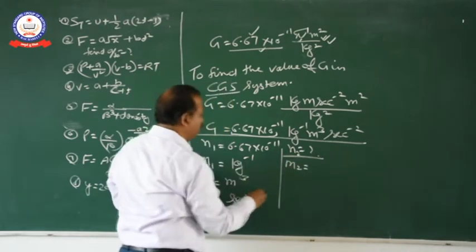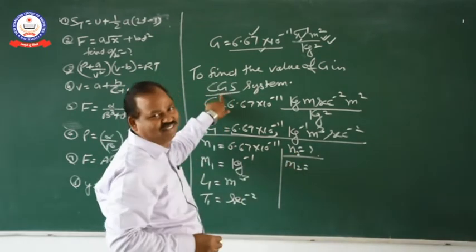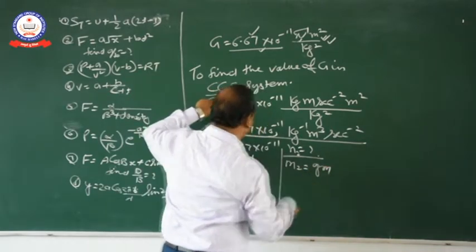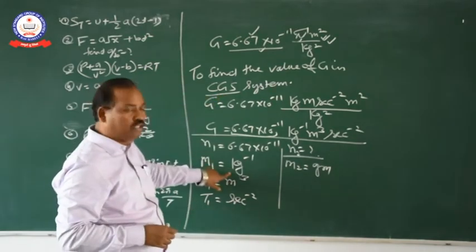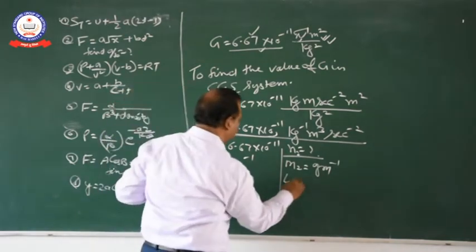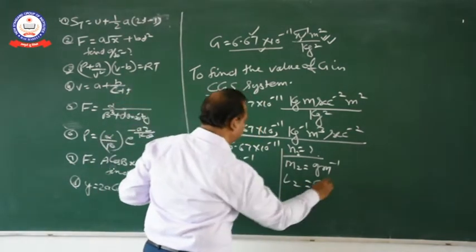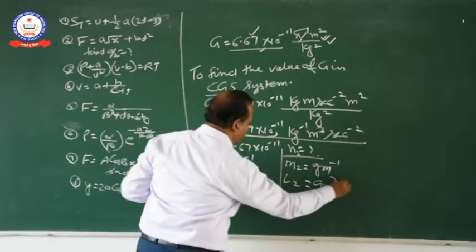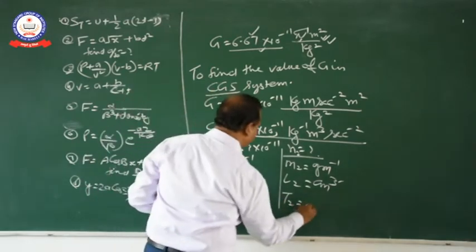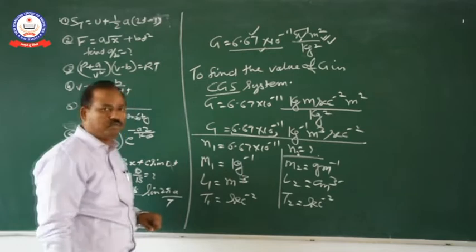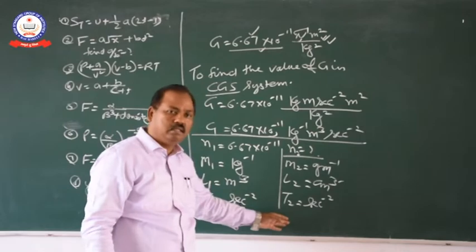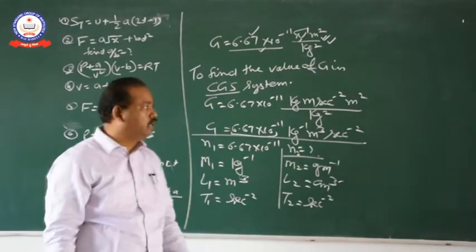M2 is in CGS, meaning gram, dimension is also the same, minus 1; length in CGS is centimeter, dimension 3; and T2 is second raised to power minus 2. These are the given values and these are the required values, correct?